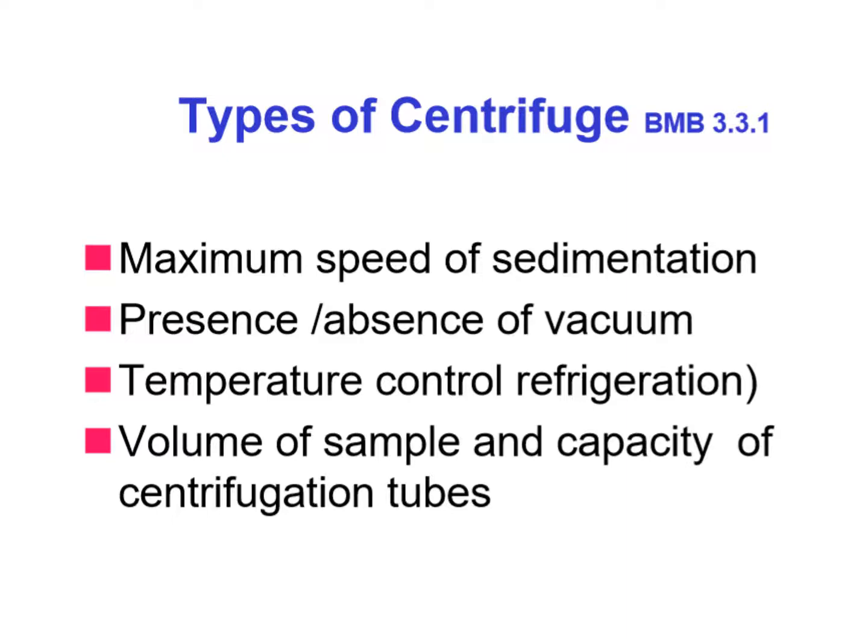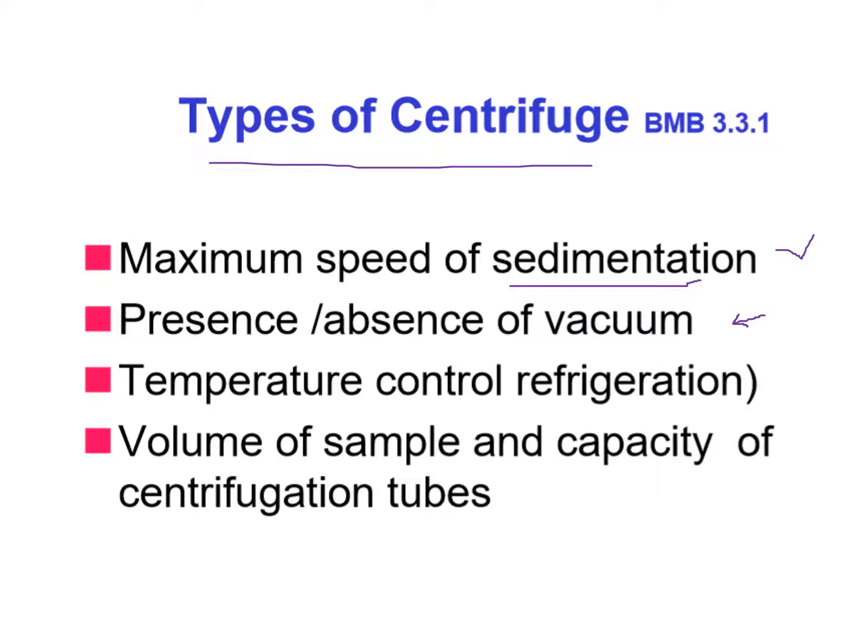Types of centrifugation: there are types that rely on a very high maximum speed to sediment materials. Sometimes it's so fast that we have to do it in a vacuum because of the heat generated.